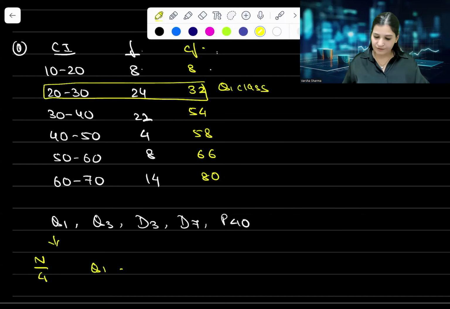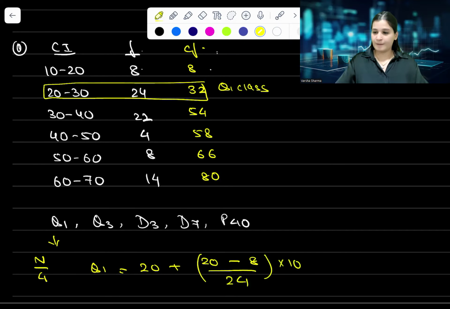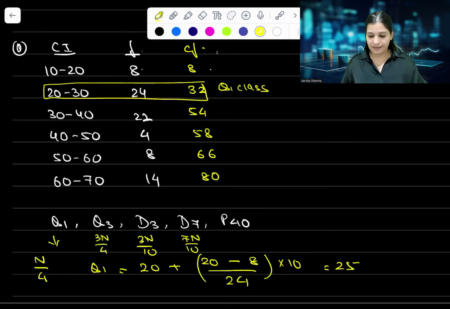So Q1 will be L plus n by 4 minus CF by F into H. 25. Similarly, for Q3, we will find out 3n by 4. For D3, 3n by 10, for D7, 7n by 10, and for P40, 40n by 100.